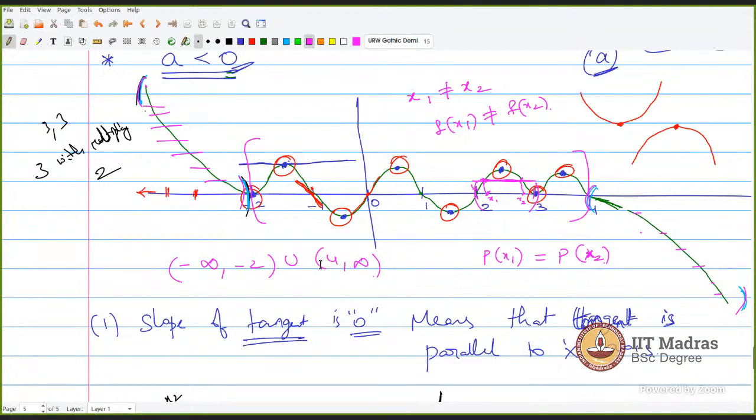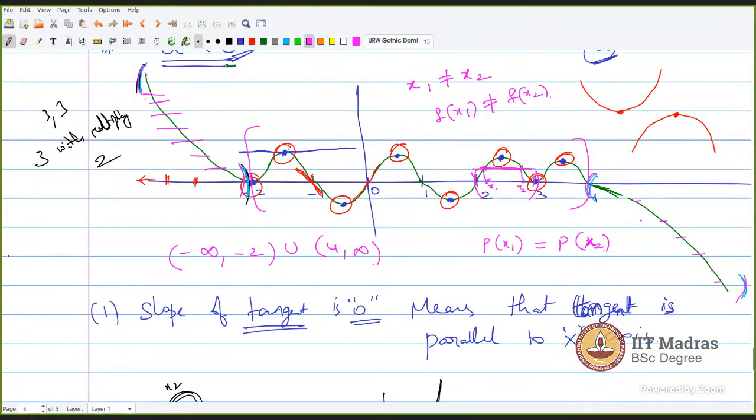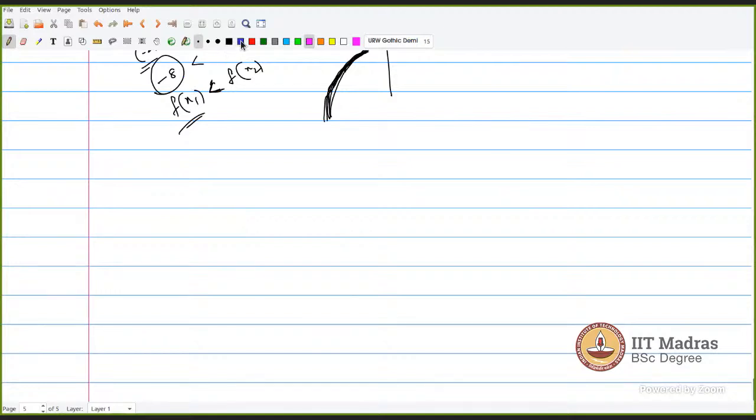Sir, my doubt was that for R to be an equivalence relation, it has to be reflexive, symmetric, and transitive. Yes. For transitive, if AB is in the relation and BC is in the relation, then AC should be in the relation.